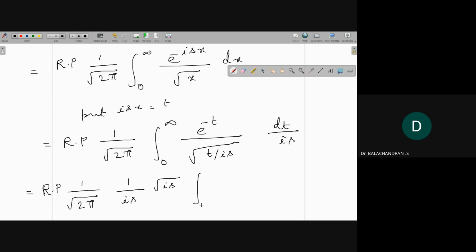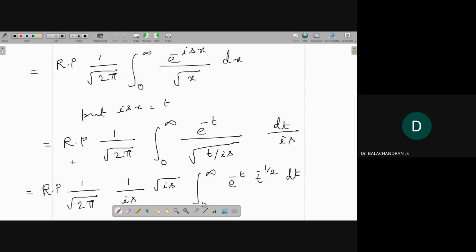What is remaining? 0 to infinity, e power minus t, and the denominator root t. Instead of writing divided by root t, I'll write t power minus half into dt. Now this is equal to, I'll write in the next slide.